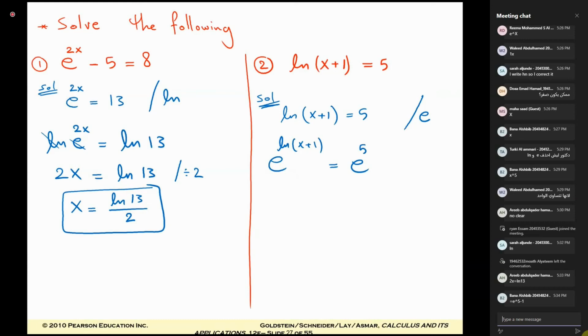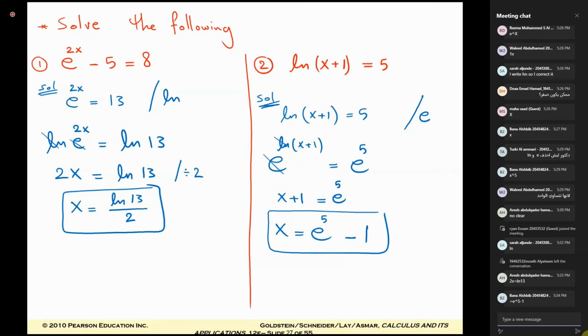Now we can remove e with ln. So we have x plus 1 equals e to the power 5. So the value of x equals e to the power 5, and moving the plus 1 to the right hand side, we have negative 1. So this is the value of x.